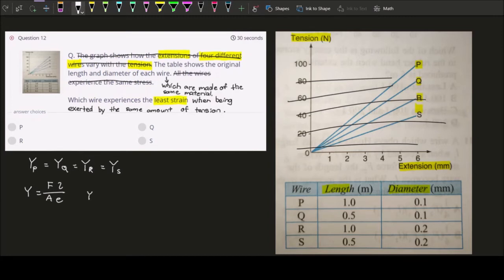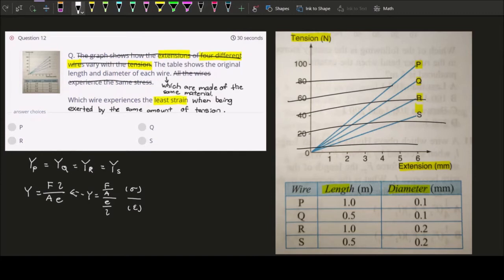The equation actually comes from F divided by A, which is stress, divided by e over L, which is strain. You flip it around and form this equation. That's why I don't usually say FL over AE, because I don't have the ability to remember formulas.